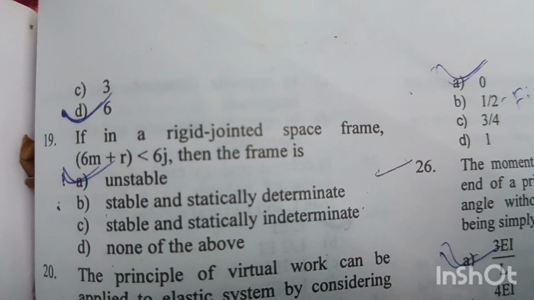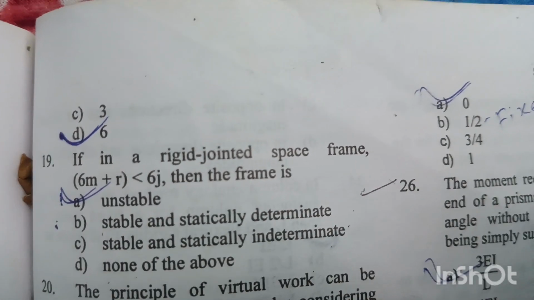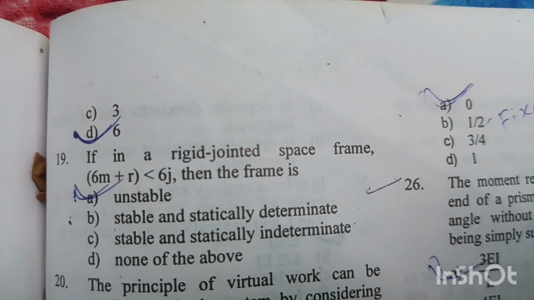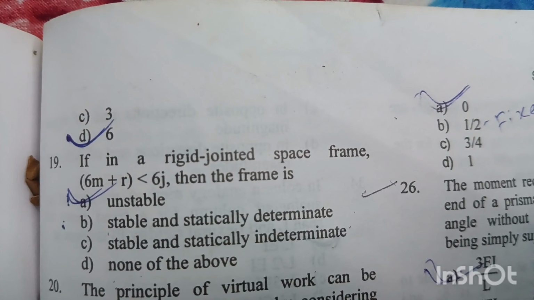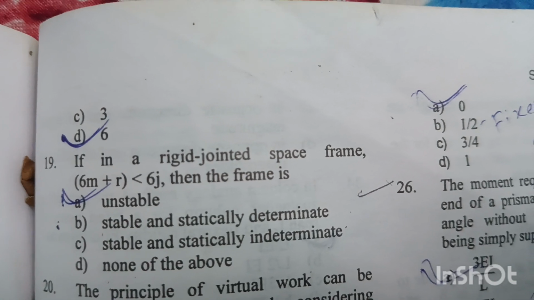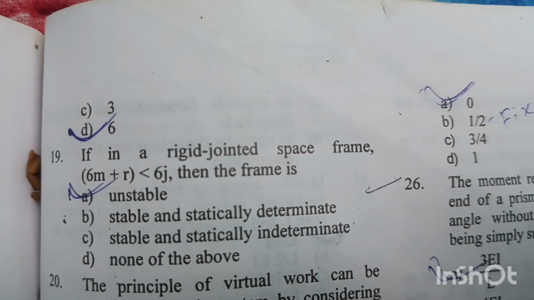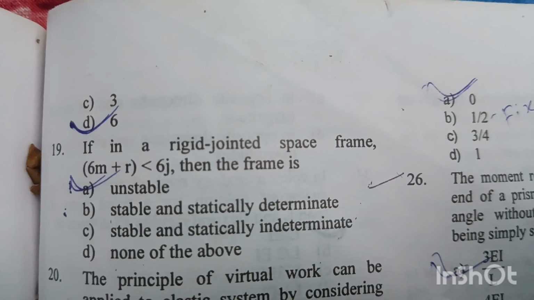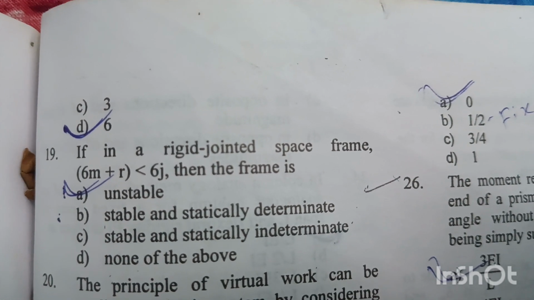Option D is the right answer, because as I discussed earlier, forces in x direction, y direction, and z direction, and moment in xy plane, yz plane, and zx plane. So a total of 6 independent displacement components at each joint of a rigid jointed space frame. Option D is the right answer.